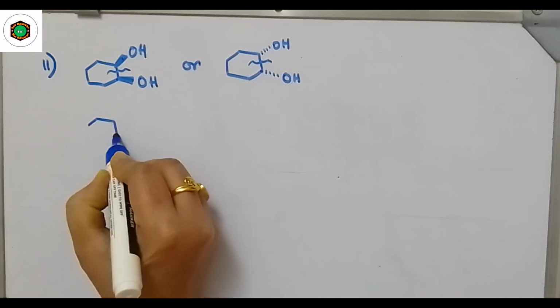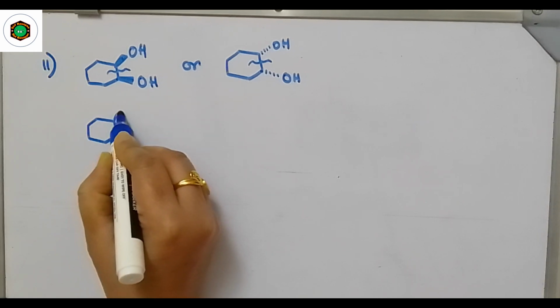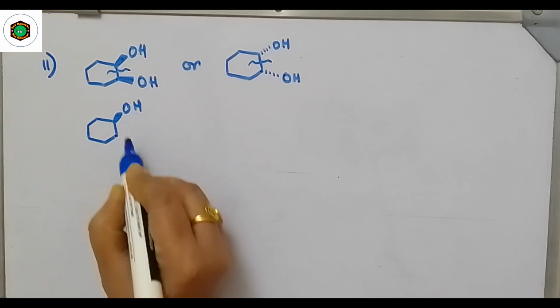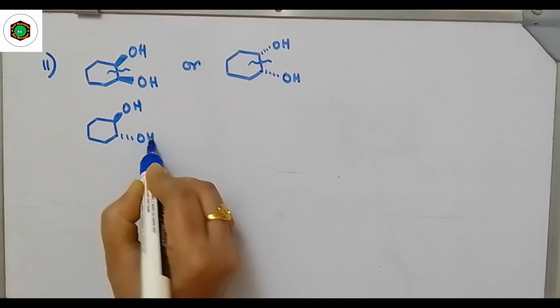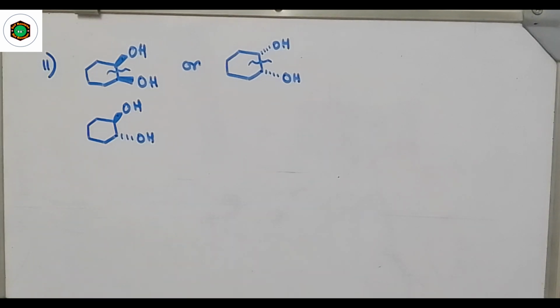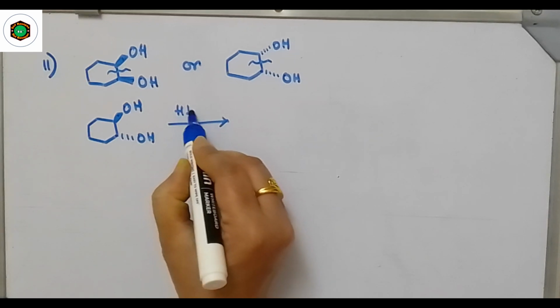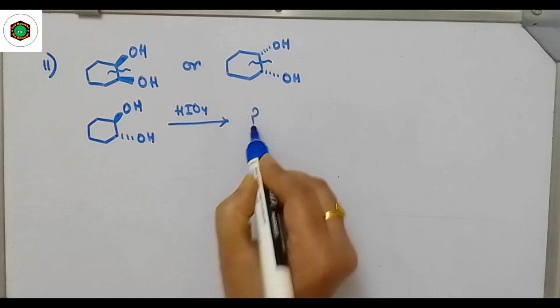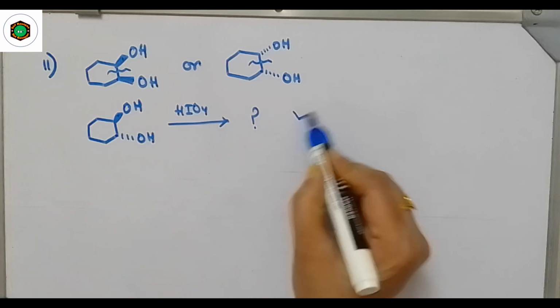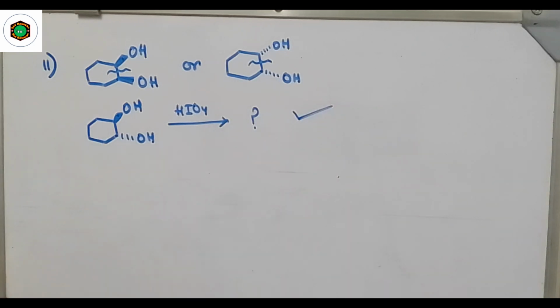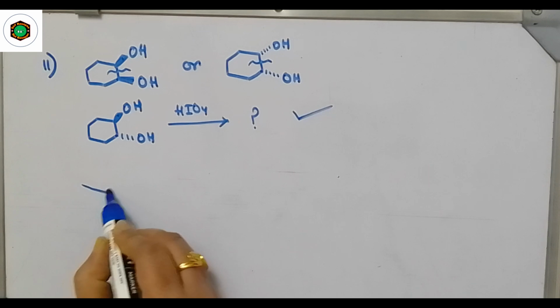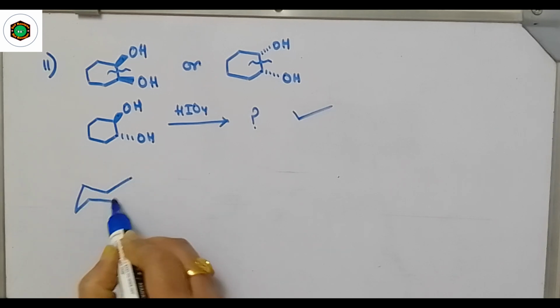But if the structure is like this, one OH is above the plane and another OH is below the plane. What will happen then? The reaction will take place or not? Here also reaction takes place. Why? Because you have to draw the chair conformation.